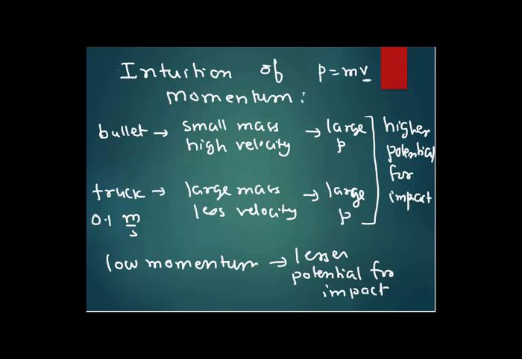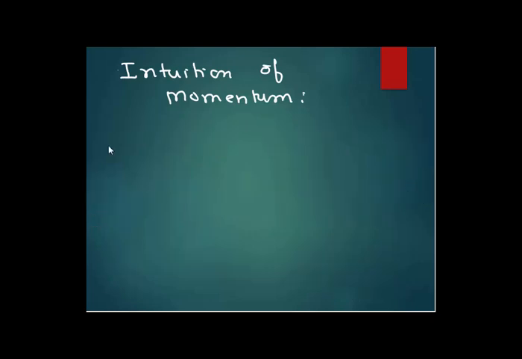Whereas if you take the example of an object which has low momentum, let us take the example of a bicycle. Let's say it's moving with a velocity of 1 meter per second.